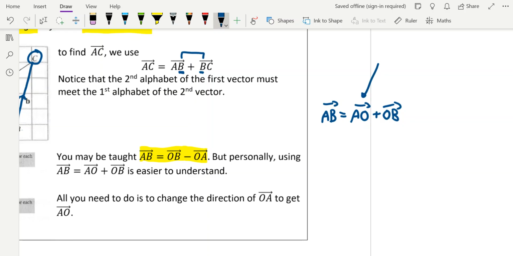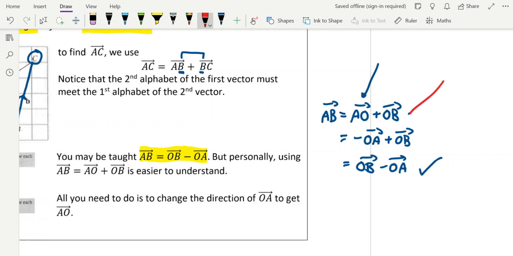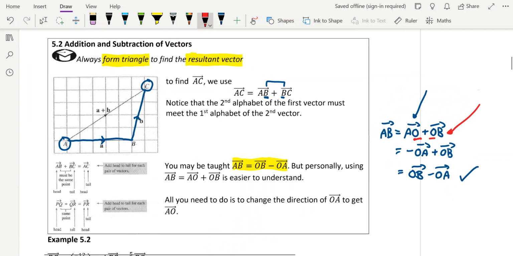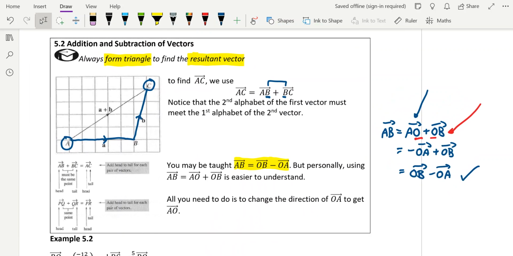From OA, you can flip it. That's the negative of OA, right? Plus OB. So that's why in some schools you are taught that it's OB minus OA. Also can, if you are comfortable with this method, that's fine. If you still don't get the gist of it, then it's always good to use this. As long as the two middle alphabets are the same, it is easier to understand how to find the resultant vector.